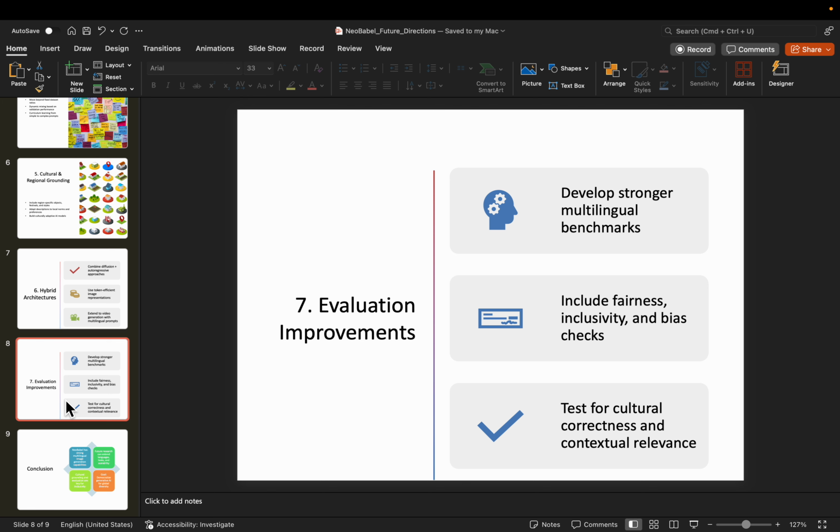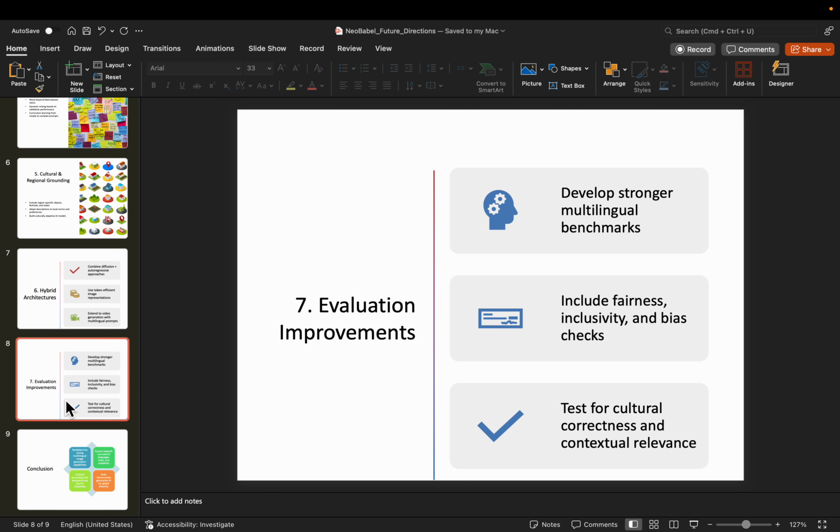In the context of evaluation improvements, the authors have used MDPG and MGen as evaluation metrics, right? But I think we need to explore more multilingual benchmarks that evaluate not just accuracy, that is, whether we are able to generate the image for a particular prompt irrespective of the language.